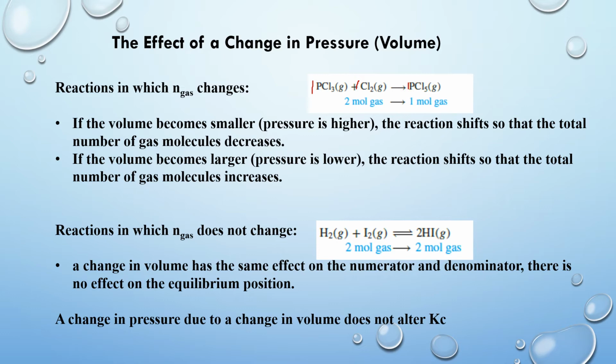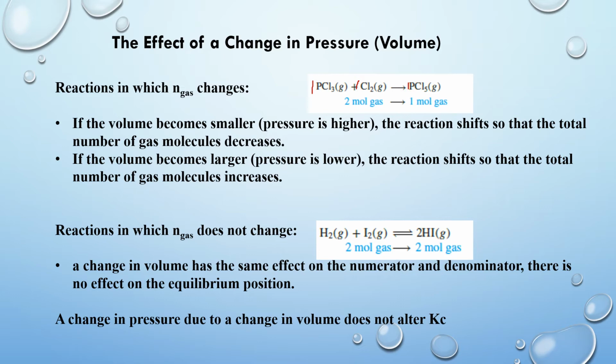So when we have a different number of gas molecules or moles, the change of pressure or change in volume will have an impact on the position of the equilibrium. We also have chemical reactions that have the same number of moles of gas for the reactants and products.